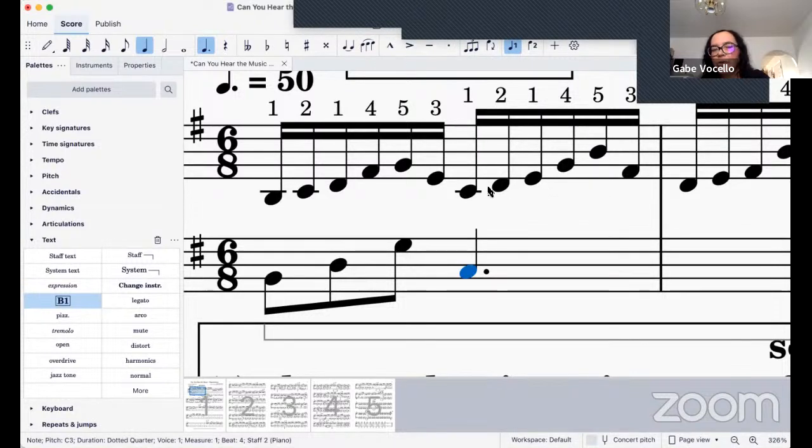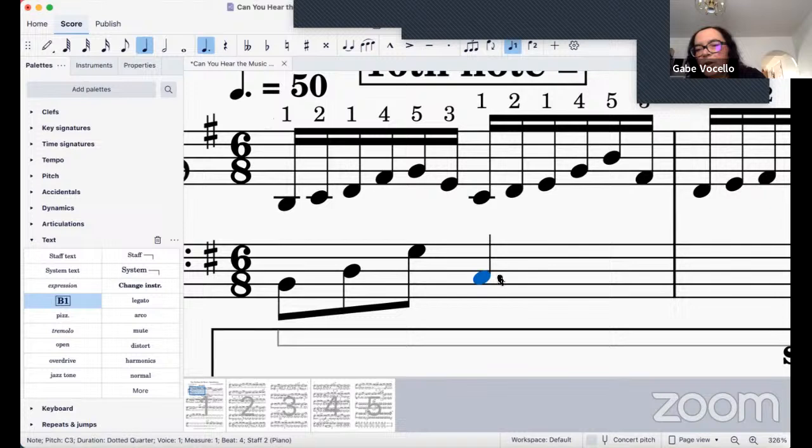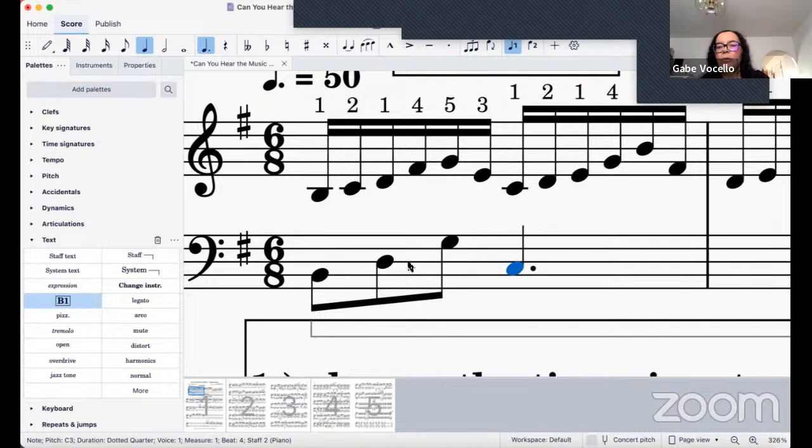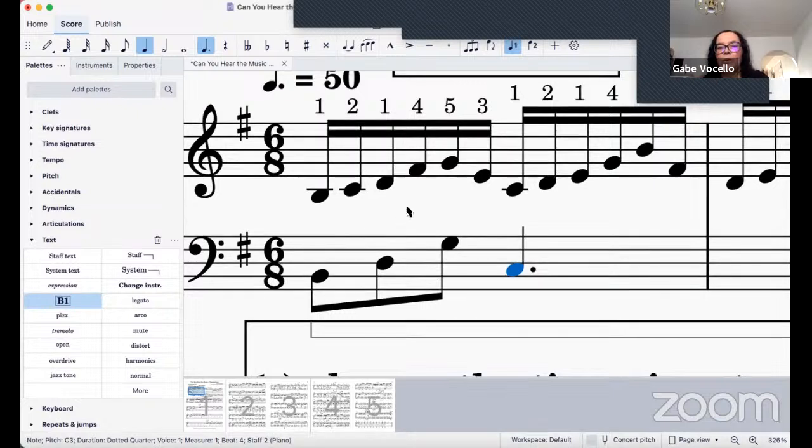Each 2/16 note is equal to 1/8 note. And the time signature is 6/8, which means 6/8 notes per measure. So let's see. 1, 2, 3, 4, 5, 6. Because 1 dotted quarter note is equal to 3/8 notes, so 3 plus 3 is 6. So we are good here.